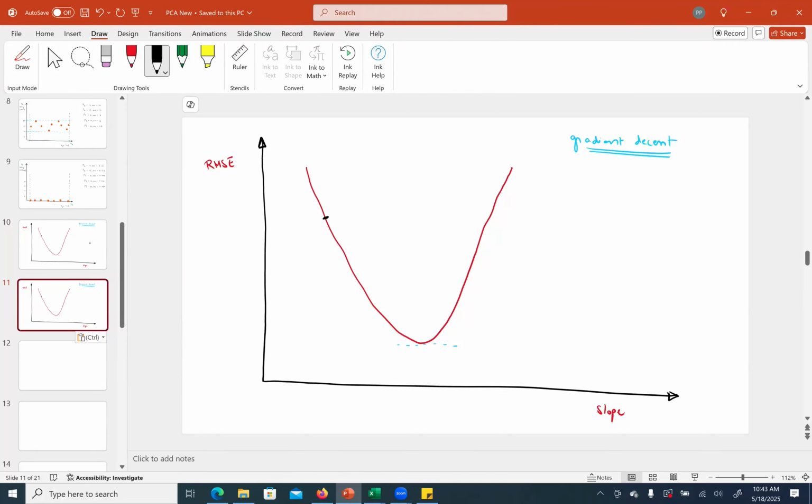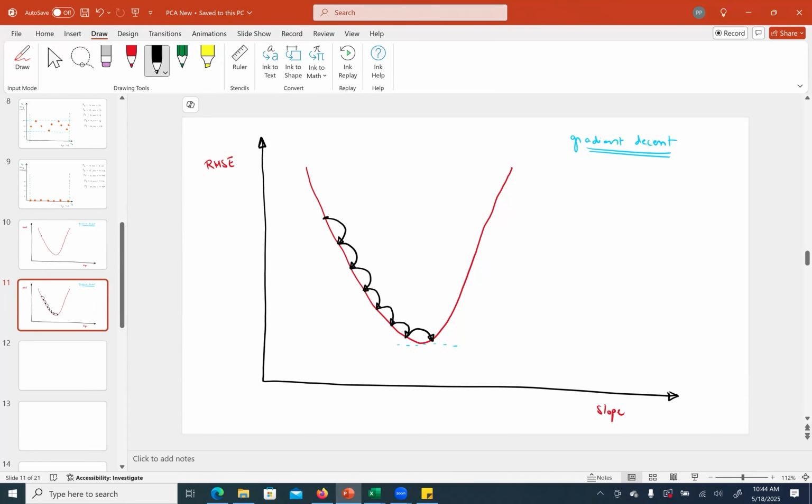Let's say this is the first iteration, after which the error reached here. This is the second iteration, the error reached here. Third iteration, the error reached here. Fourth iteration, fifth iteration, sixth iteration, seventh iteration, the error reached here.